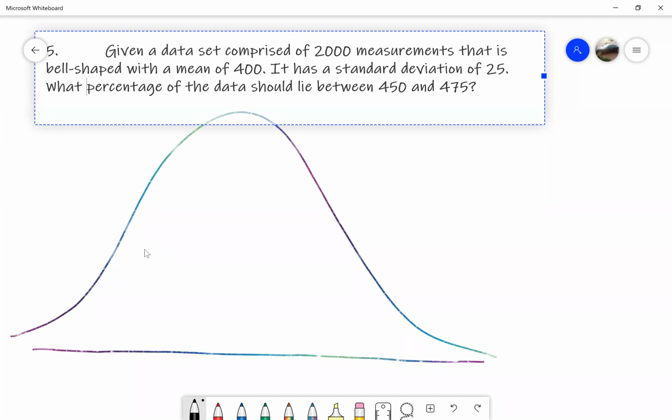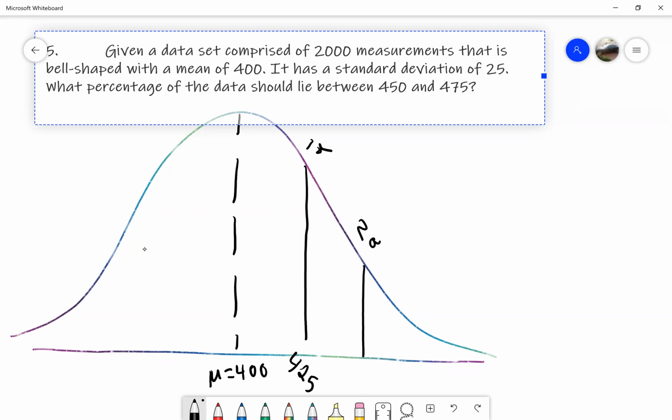Where's the mean? 400, and it's in the middle. Mean is 400. Smack down the middle. And what do they want? What percentage do they want? Between what? 450 and 475. So the first one here, 1 sigma, that would be 425. So we don't care about that one. The second one would be 2 sigma, right? That would be 450. And the 3 sigma would be 475.